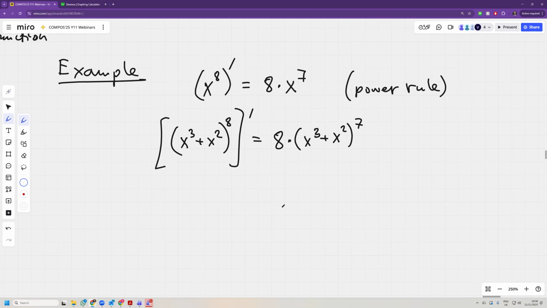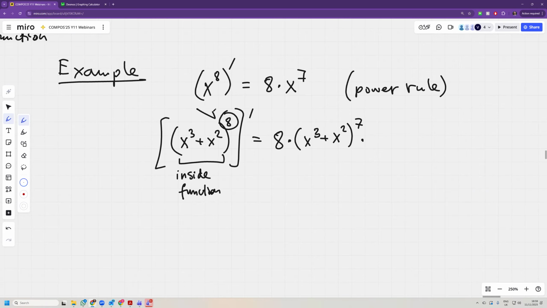Well, it almost is. What you need to do is find the derivative as if it's just x to the power 8, and then multiply it by the derivative of the inside function. So this is called the inside function, and this is the outside function.